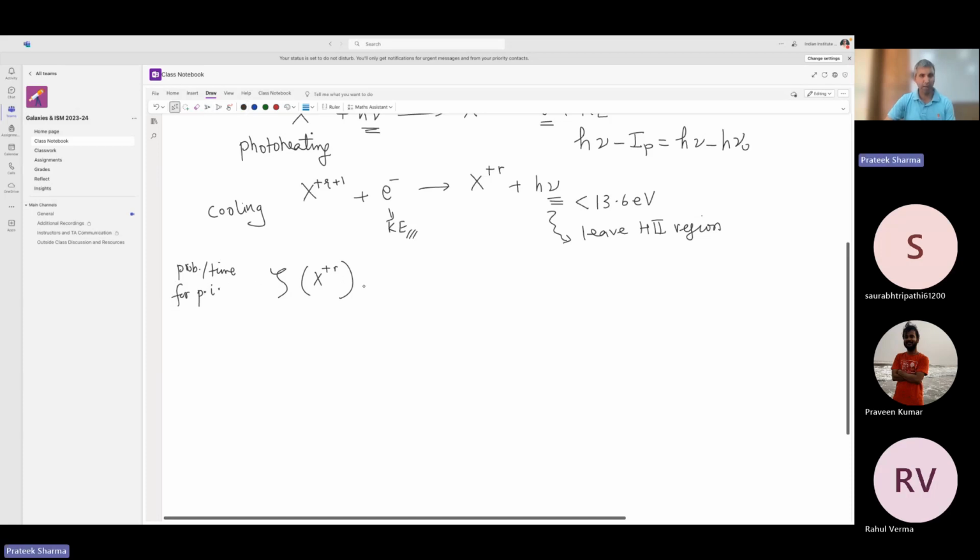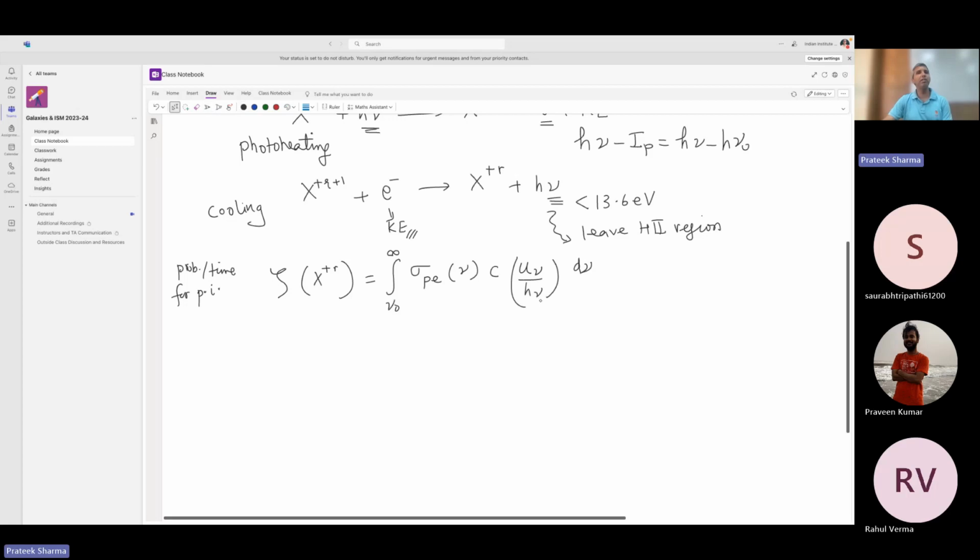Zeta X plus R is equal to the integral from nu naught to infinity of sigma PE, that photoelectric cross section for photoionization, times c times U nu by h nu times d nu.